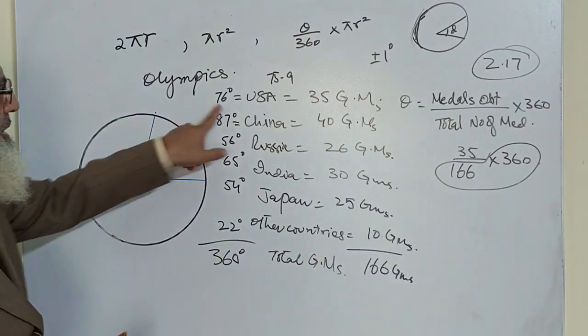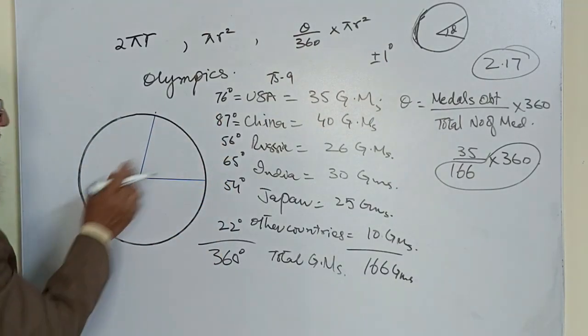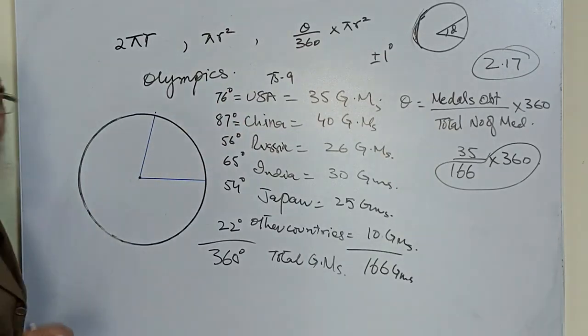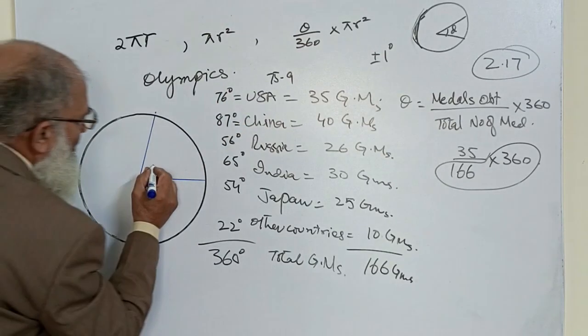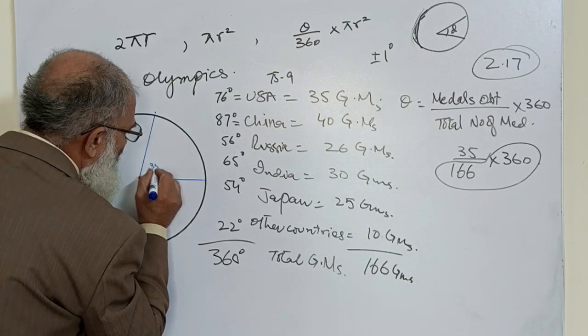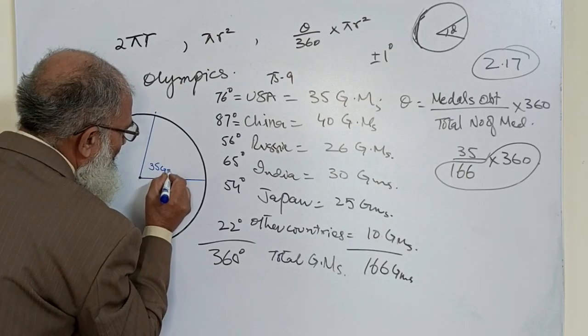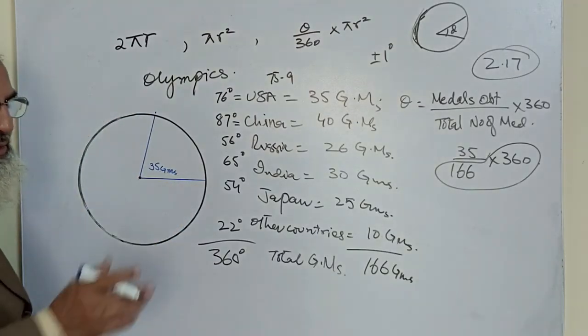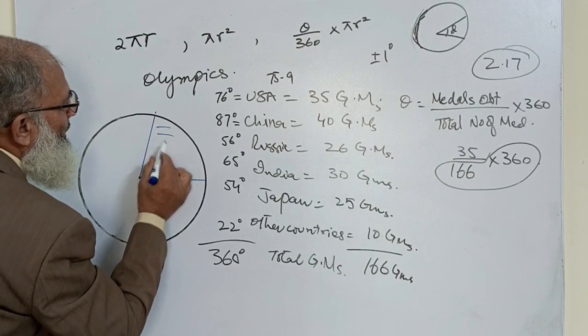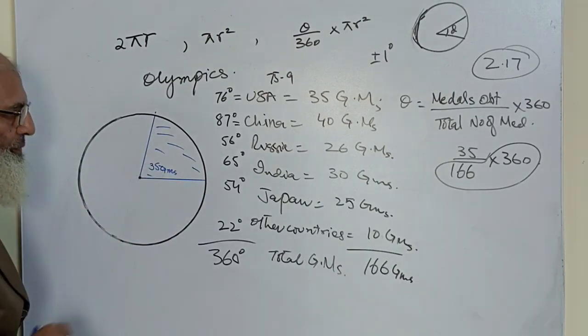Now I'm not going to write the 76 degrees over here. I will write 35 gold medals. Okay, you can also color it.